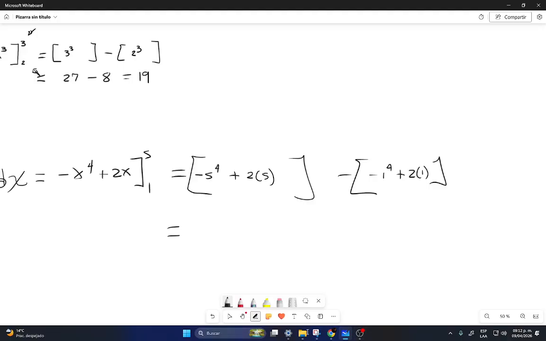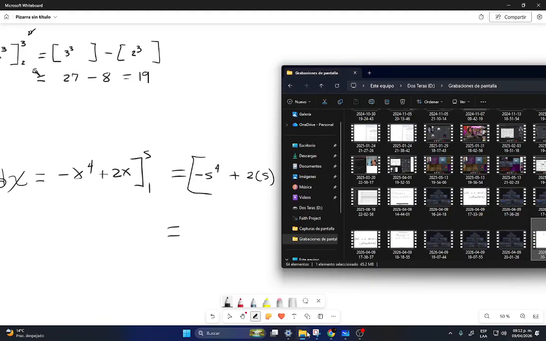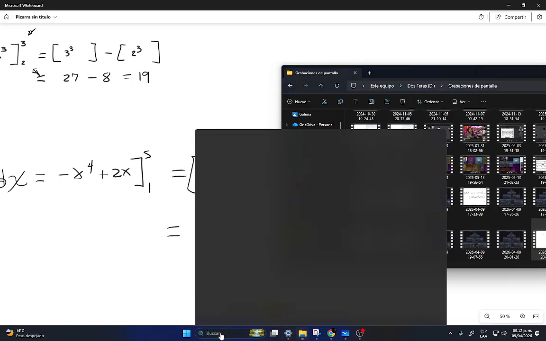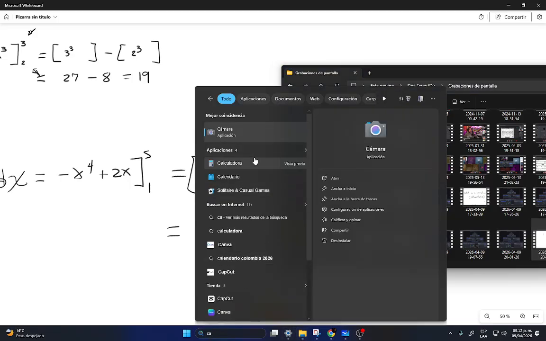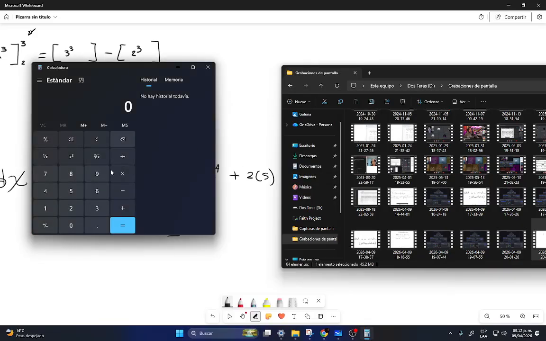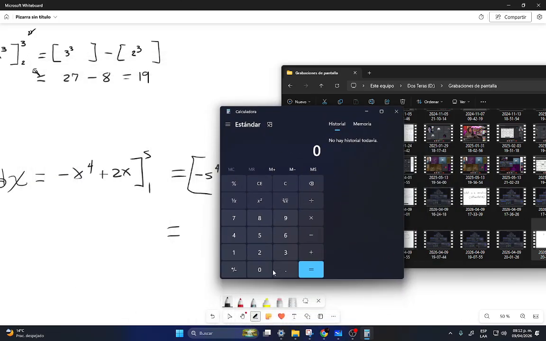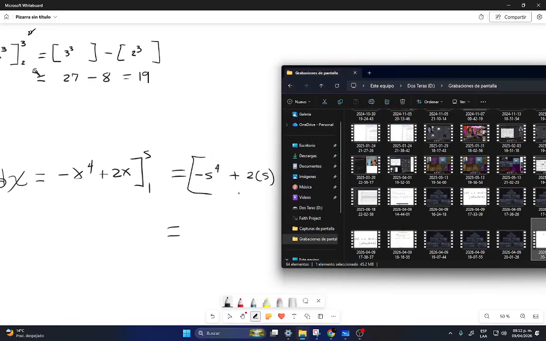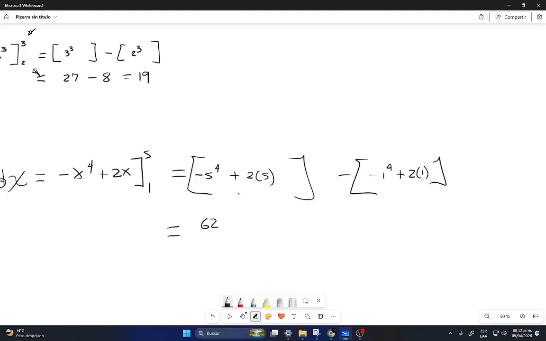Okay, let's calculate that. Five to the power 4. Okay, negative 5 to the power 4. 5 times 5 times 5 times 5. Okay, it's 625, but be careful, because the base was negative.